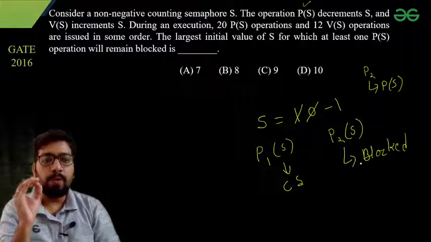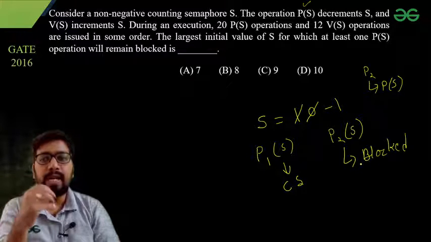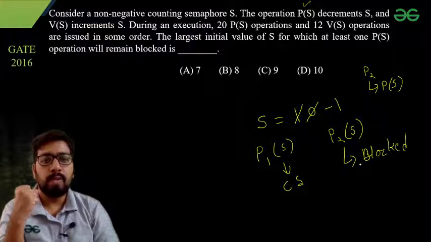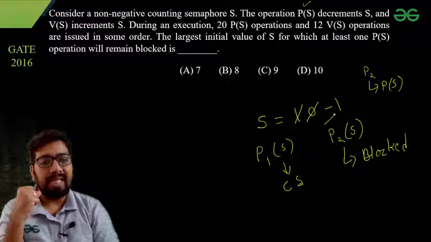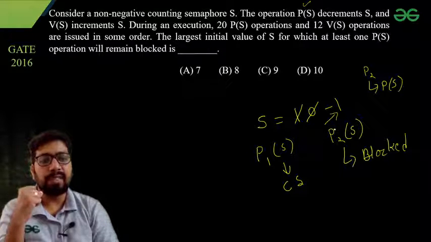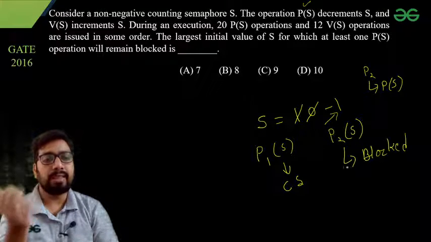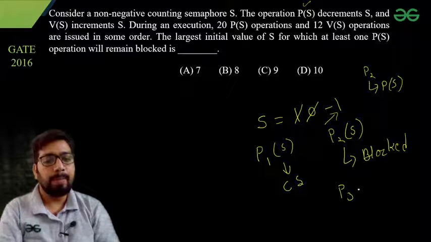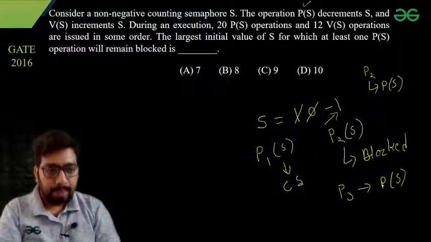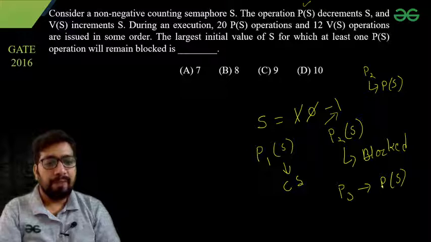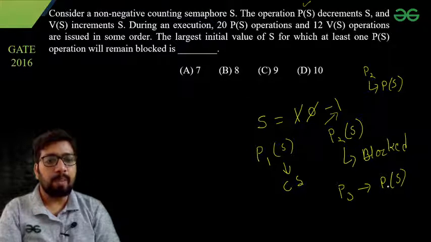When I was discussing the counting semaphore, I told you that the negative value of the semaphore tells us how many processes are in the blocked state. Suppose a new process P3 comes and it is also performing the P(S) operation, that means it performs the wait operation on the semaphore.